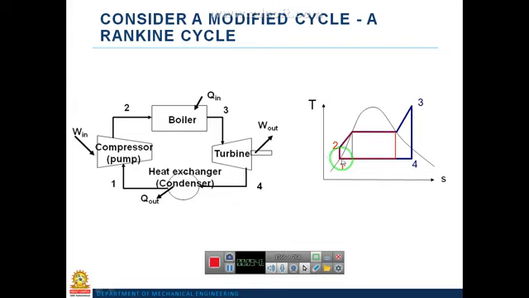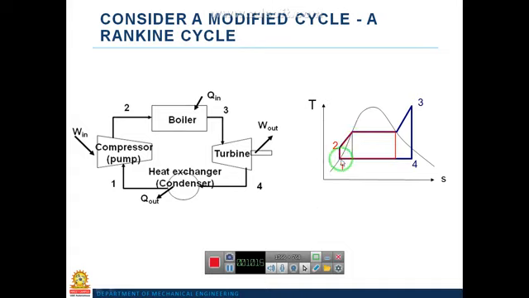What is the fluid condition at point 1? The fluid is liquid, or saturated liquid. Point 1 is at condenser pressure and in the saturated liquid state. From point 1 to point 2, the feed pump or compressor is compressing the fluid from condenser pressure to boiler pressure.